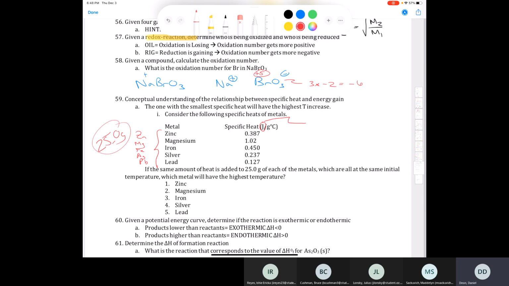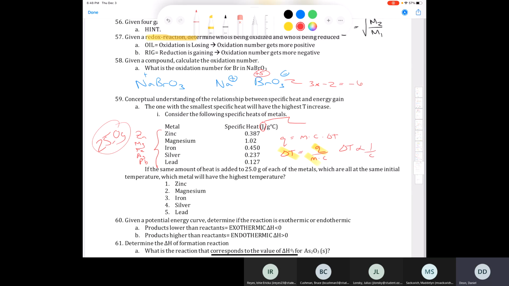And you can think of it as Q is equal to M times C times delta T. Okay, so the biggest delta T, if they all have the same Q and they all have the same mass, the delta T is going to be proportional to the inverse of specific heat.